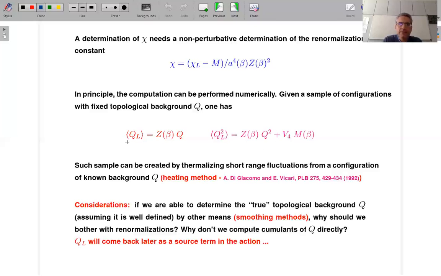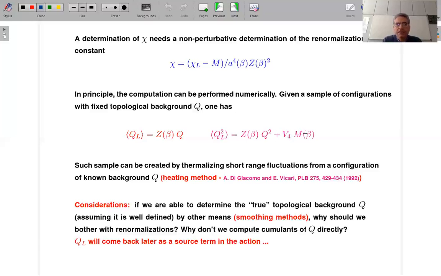In this way, if you measure the lattice topological charge on these configurations, you get an estimate of the multiplicative renormalization. And if you measure Q_L squared, you get an estimate also of the additive renormalization.